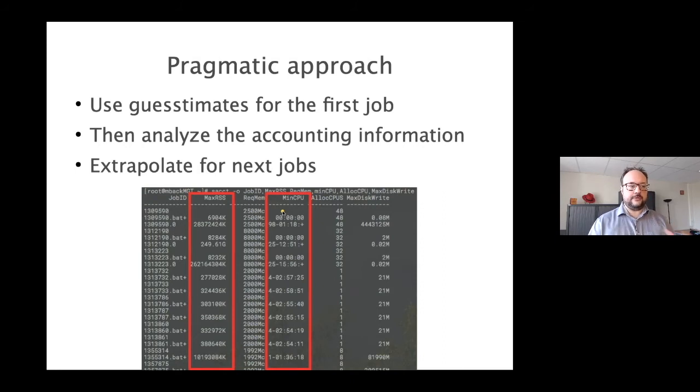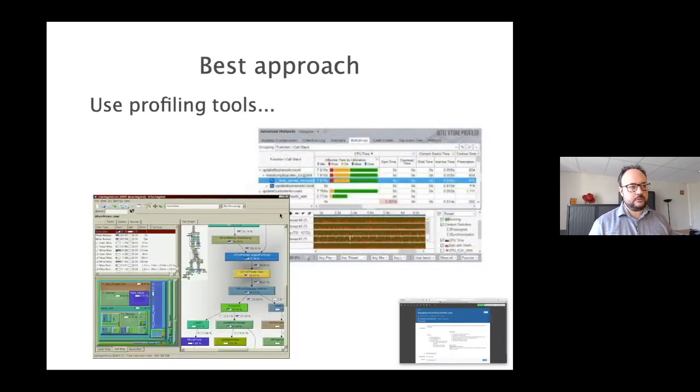And then if you have several jobs of the same type that you need to submit, you can extrapolate for other jobs and be less conservative and more tight in your requests for the jobs. But the best approach is still to use profiling tools.